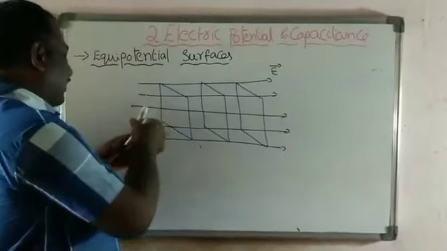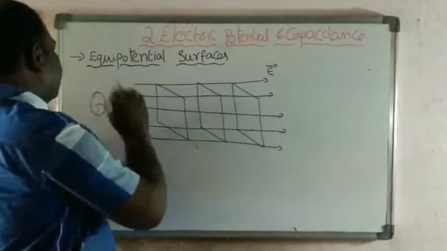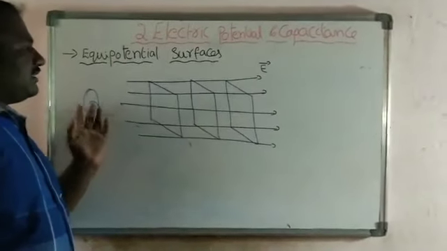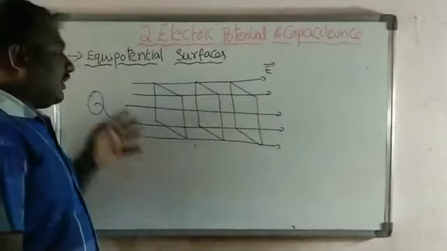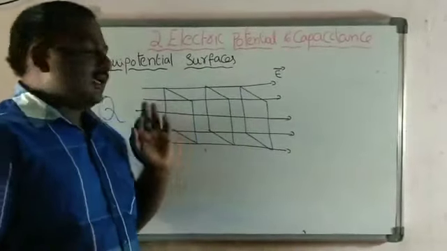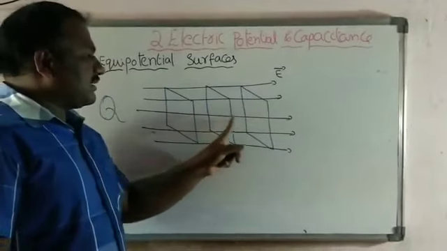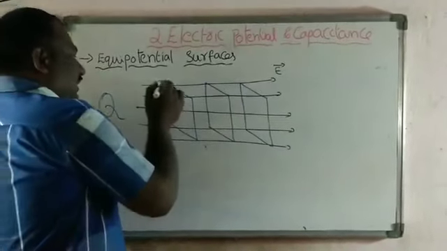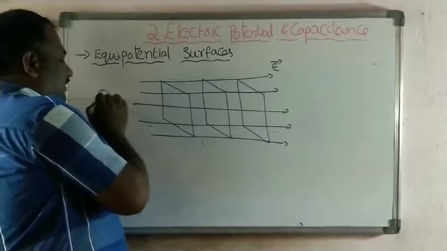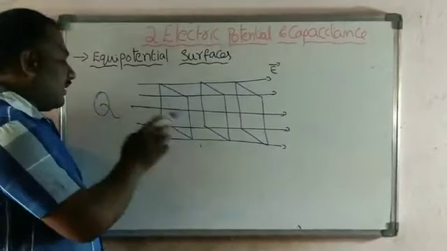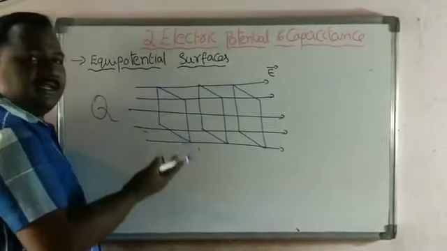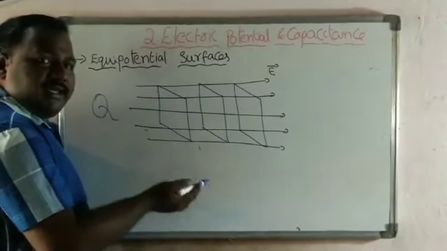See here, this electric field is due to a certain charge. That charge can be taken as Q. Due to this point charge, an electric field is formed. The electric field lines always diverge, moving away from the charge. Now if I place the surfaces, any point on this surface is at an equal distance from this point charge. For example, the distance from the point charge to any point on this surface should be equal.